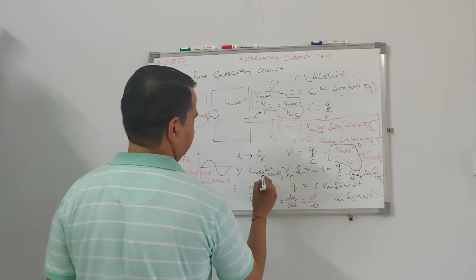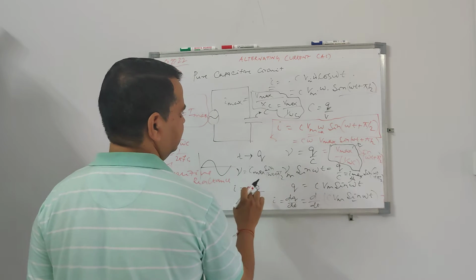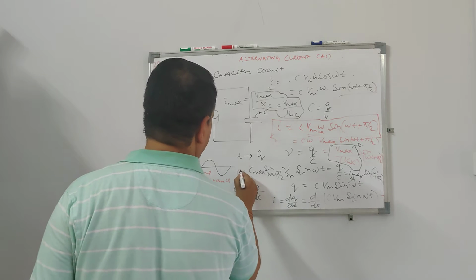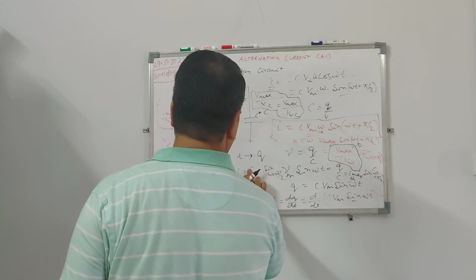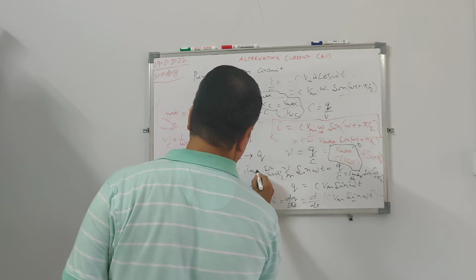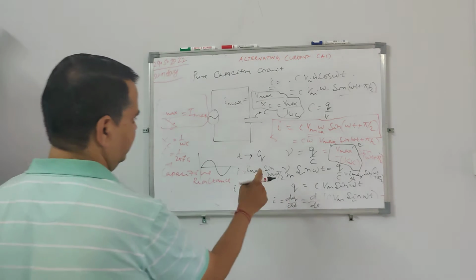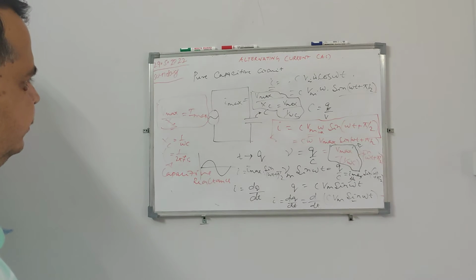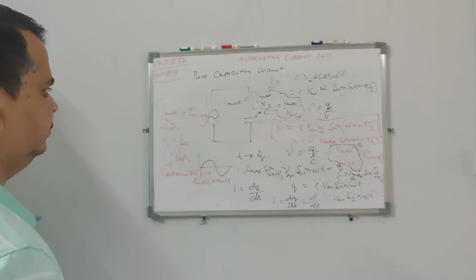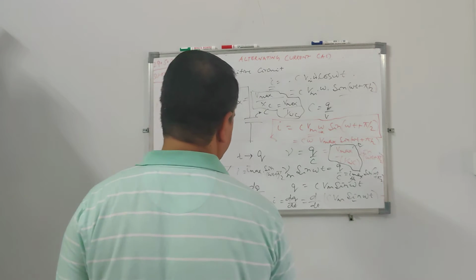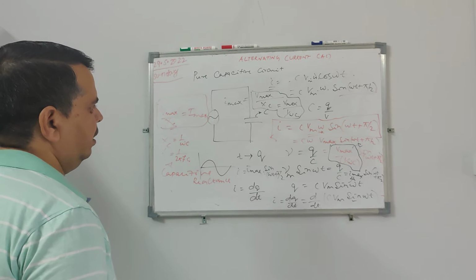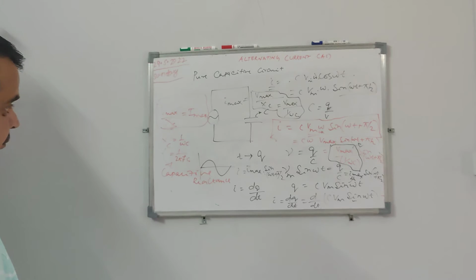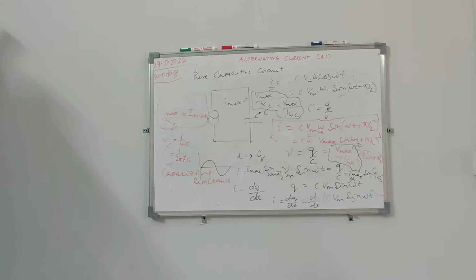So it is I equal to Imax, not V. You should write I is equal to Vmax by XC as the general equation. You don't need to write it as Imax. The general equation is I is equal to Vmax by XC into sin(omega t plus pi by 2).